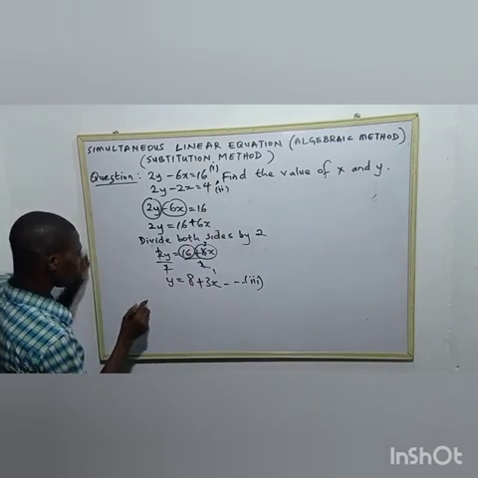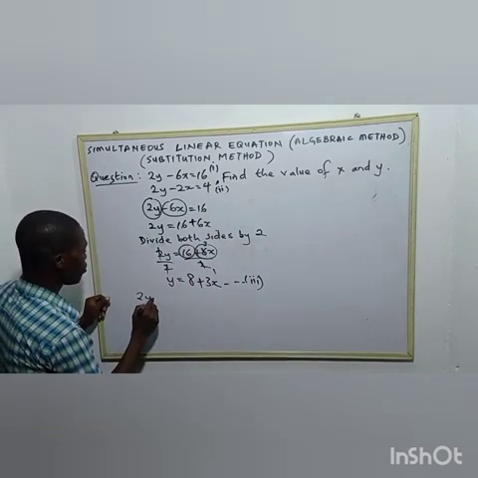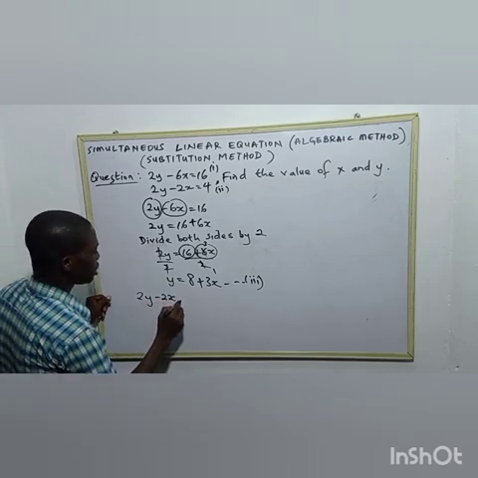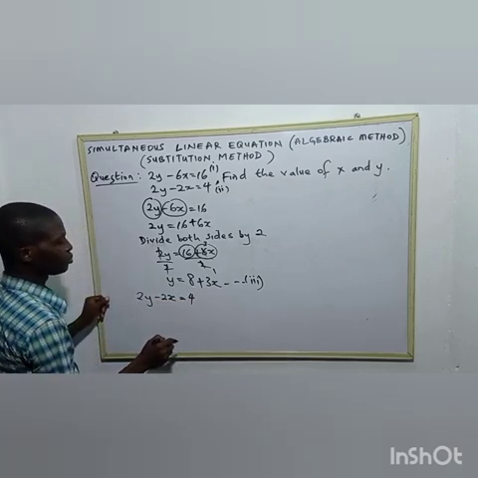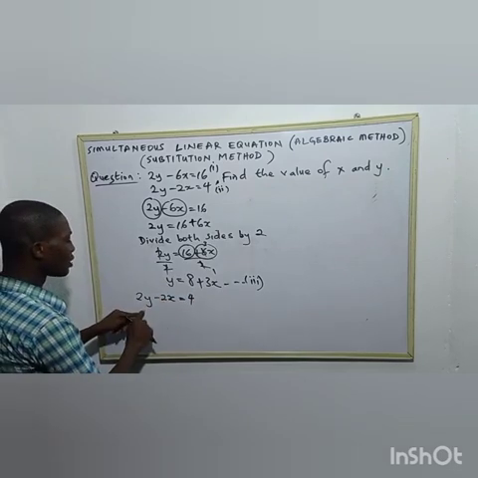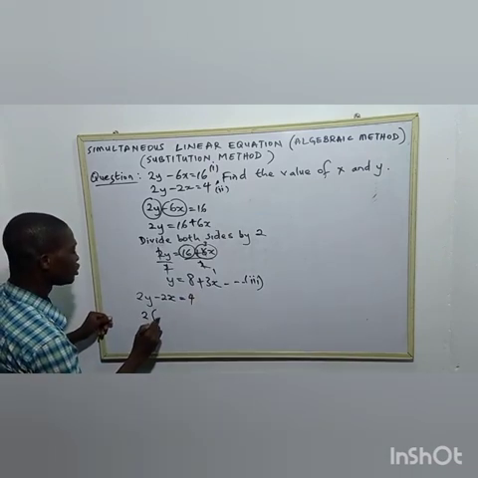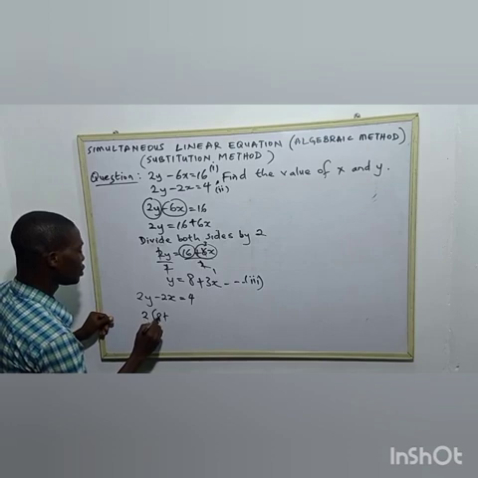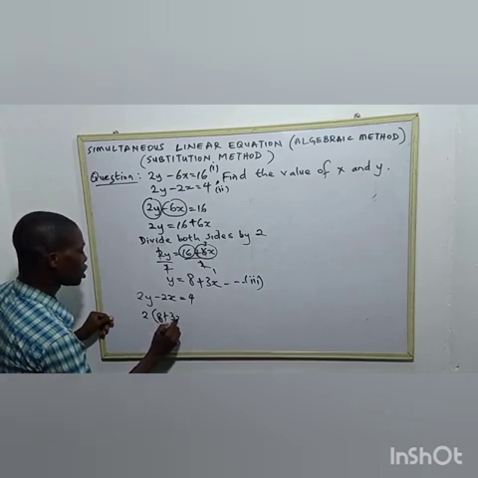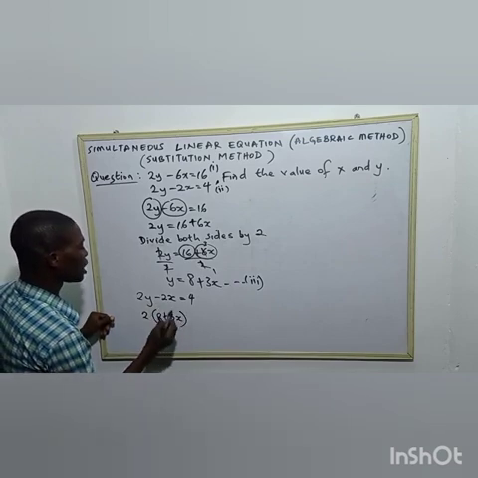Okay? You will have 2y minus 2x equals to 4. In place of y, put 8 plus 3x there. 2 into 8 plus 3x. Close the bracket.